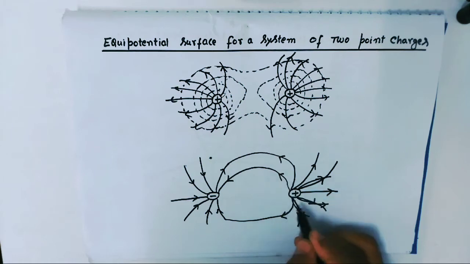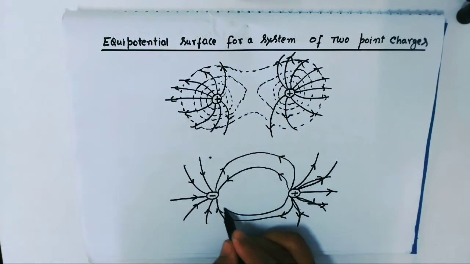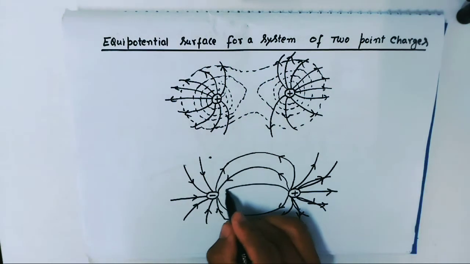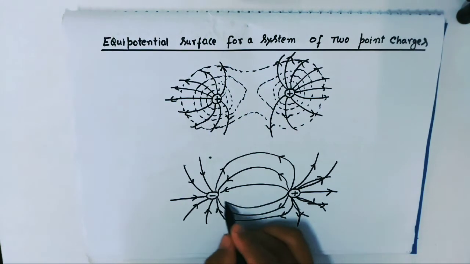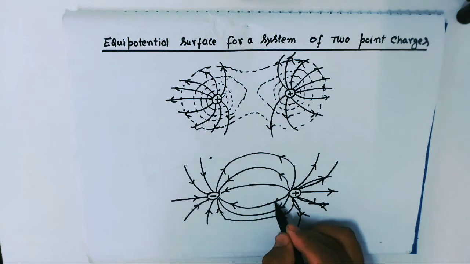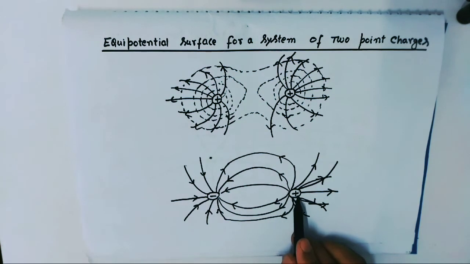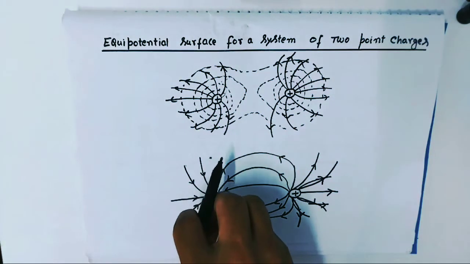Like this. So these solid lines with an arrow represent the electric field lines of force. For a positive charge, they come out. For a negative charge, they are entering.